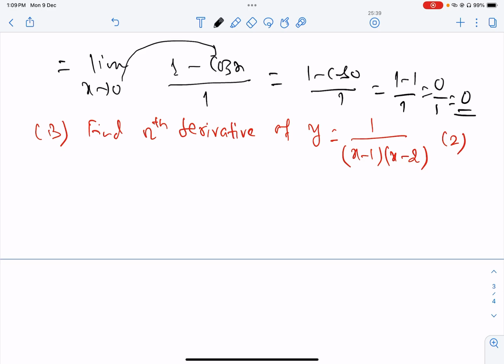So now, we can have y equal to 1 over x minus 1 x minus 2. Let us have the partial fraction.